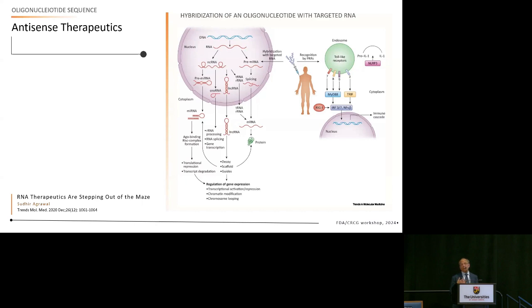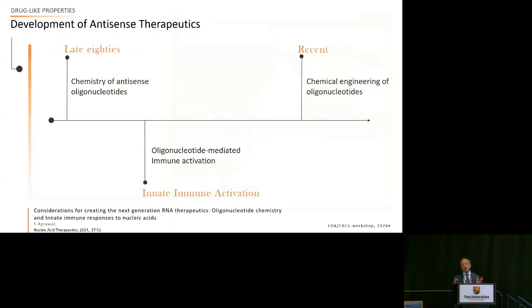But at the same time, the oligonucleotide we are using could be recognized as a pathogen-associated molecular pattern, which could result in an immune response, which would be an unintended mechanism. And that's the balancing act between choosing the right sequence and the right chemistry. So what I'm going to do is really divide the talk in three portions.